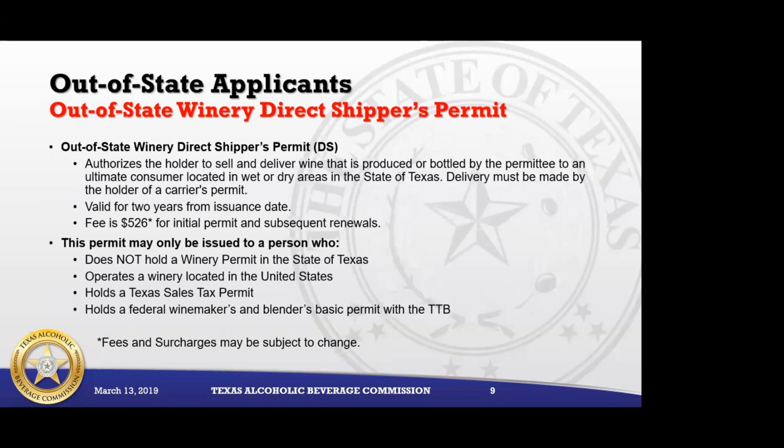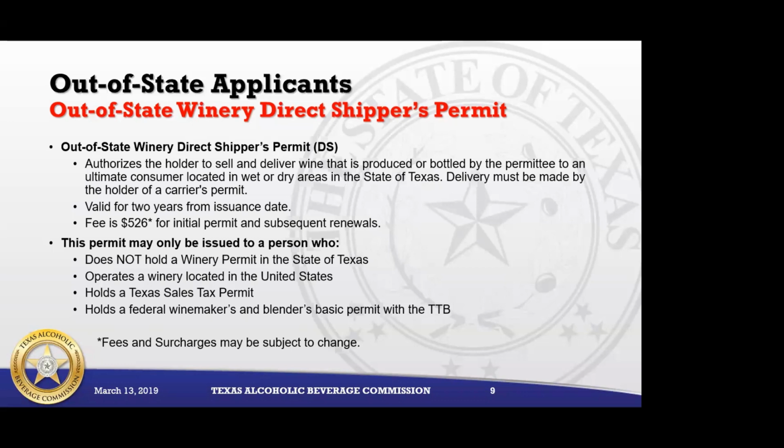Another out-of-state applicant that we will be discussing would be the out-of-state winery direct shipper's permit. The out-of-state winery direct shipper's application is utilized for out-of-state wineries that sell and deliver wine that is produced or bottled by the permittee to consumers located in wet or dry areas in the state of Texas. The permittees must operate a winery located in the United States.